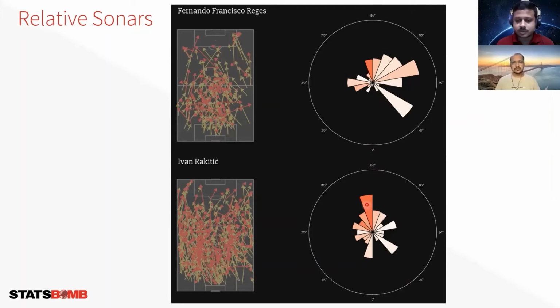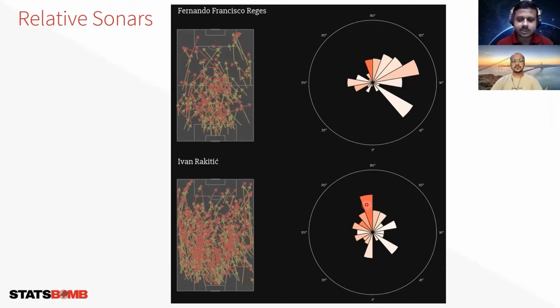Rakitic tends to play a lot of long balls as well. Typically, he will receive short passes from Marcus Acuna or Diego Carlos on the left, and then send out long balls to Jesus Navas on the right. So his median length of passes is usually longer, and that's what's being shown in these relative sonars.